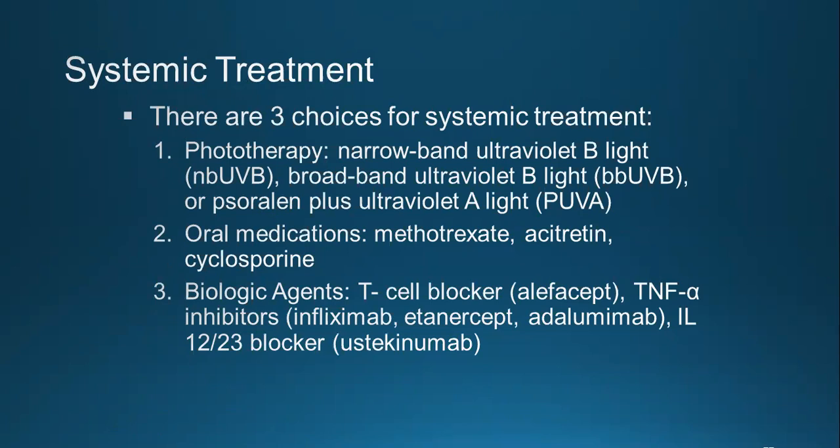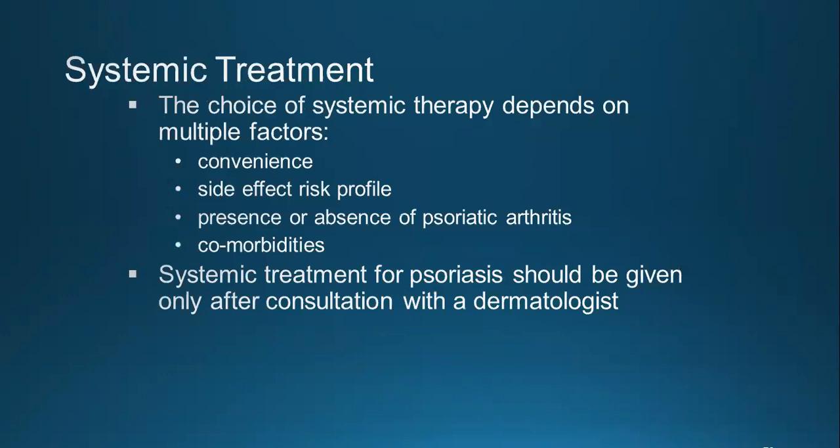If started early, they prevent the development of permanent deformities, because once the deformities are present, we cannot reverse them. We can just arrest their progress. The choice of systemic therapy depends on multiple factors: convenience, side effect risk profile, presence or absence of psoriatic arthritis, and comorbidities. Systemic treatment for psoriasis should be given only after consultation with a dermatologist.